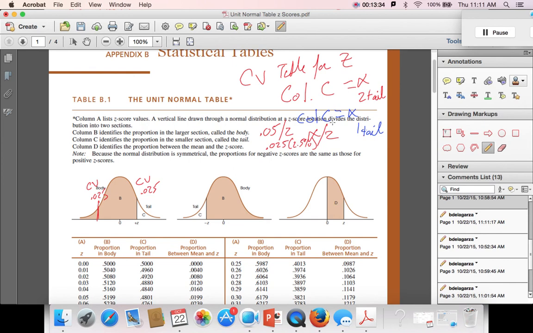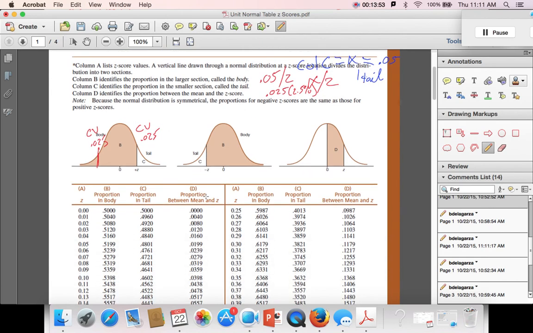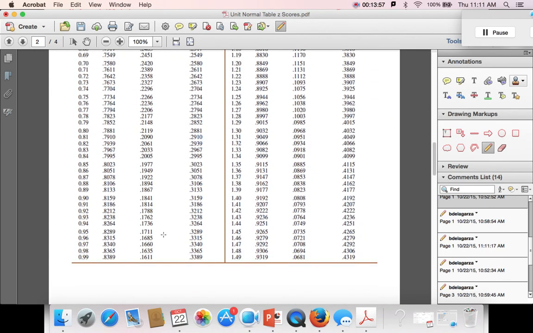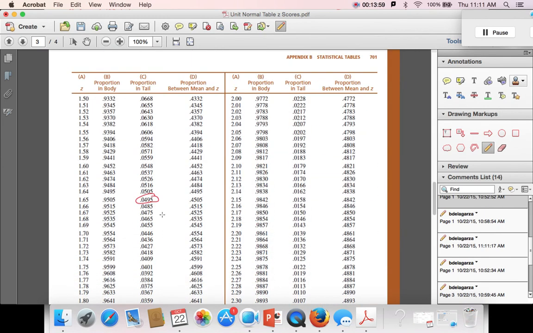So now column C is going to look for an alpha level that I've specified for a one-tail test. So here it's not assuming that it's going to divide it into 2. It's going to assume it's equal to whatever I set it at. So here it's going to assume that it's equal to 0.05 because that's what I've stipulated alpha level to be. So I'm going to go down to proportion in the tail and find 5% or 0.05. So it's right here, right? It's the one that we had circled before.